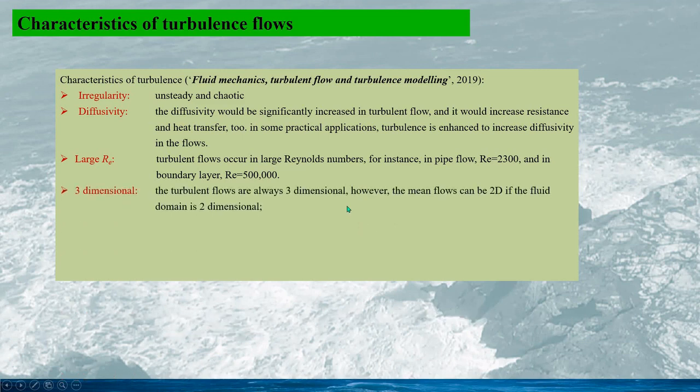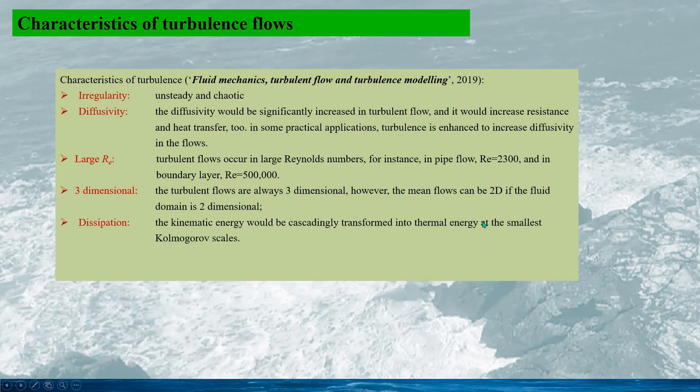Turbulent flows are always three-dimensional. In a 2D setup, the mean flow may be two-dimensional, but the fluctuating flows are always three-dimensional. Dissipation: turbulence would increase the energy dissipation. This is different from laminar flow, in which the dissipation happens at the molecular scale.